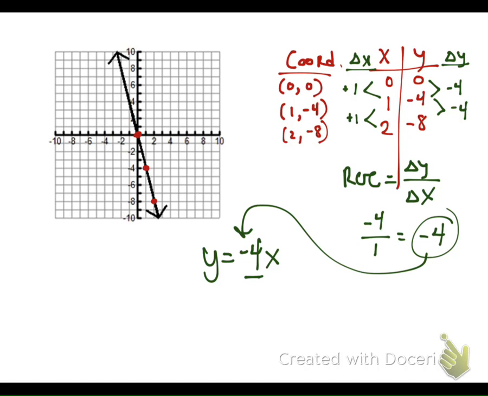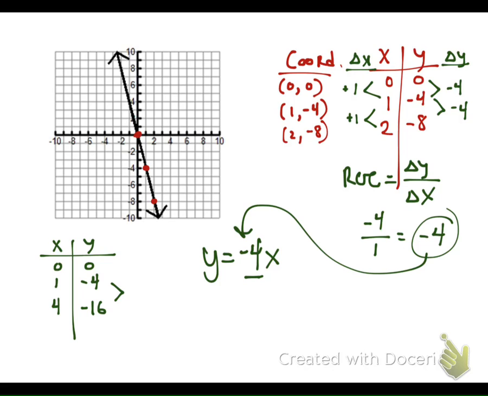Now, you may run into tables sometimes where your delta y and delta x aren't the same all the way down, but no matter what happens, you should be able to reduce them to the same thing. So say I was looking at a table over here, and I had something similar to what I had, and I had 0, 0, and then I had 1, negative 4, but then say here I jumped to 4, negative 16.